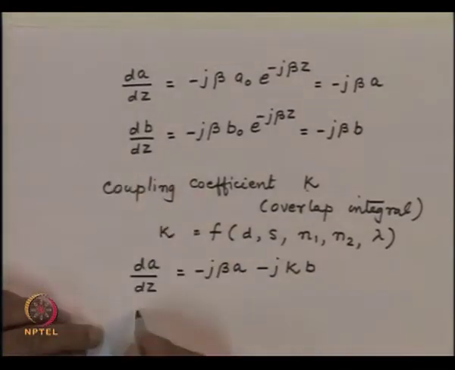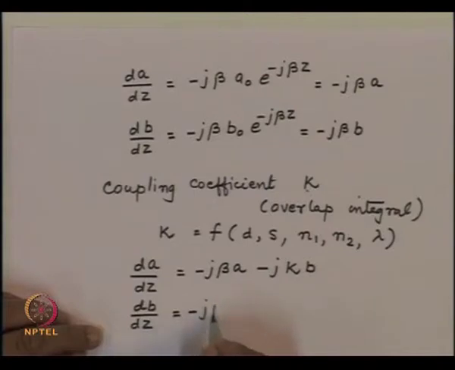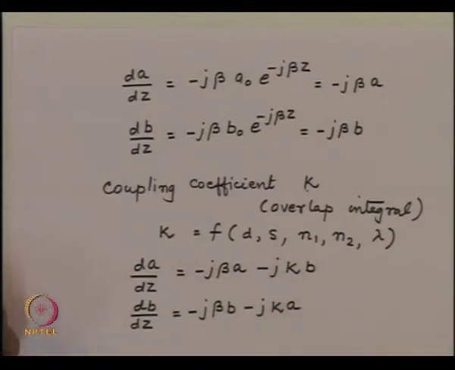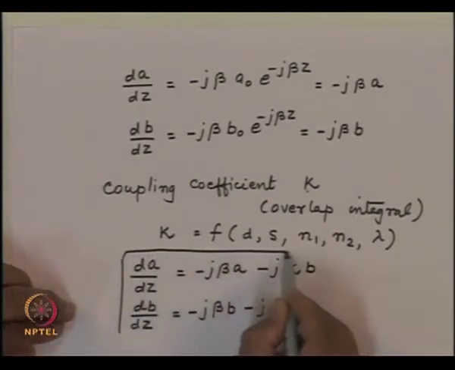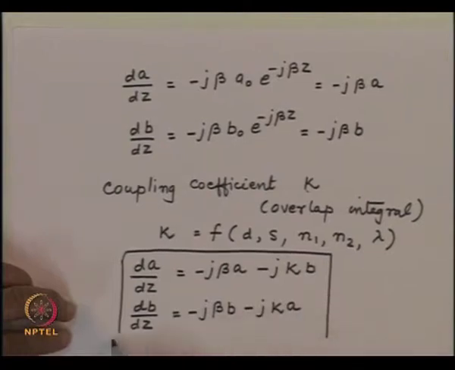Similarly, we can write down for B, so we have dB by dz, that is equal to minus j beta B, which is the original thing, and the coupling term, which is j k into A. So for the coupled waveguides, these are the differential equations which tell you the propagation of the signal.